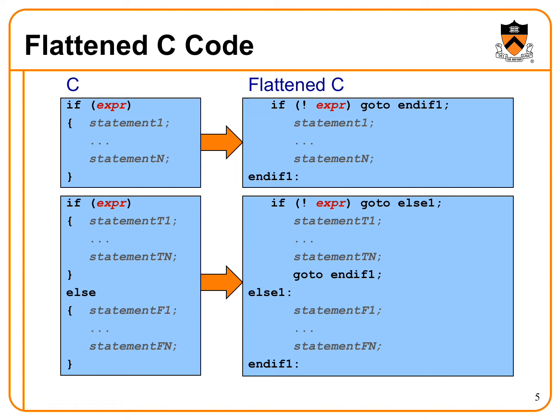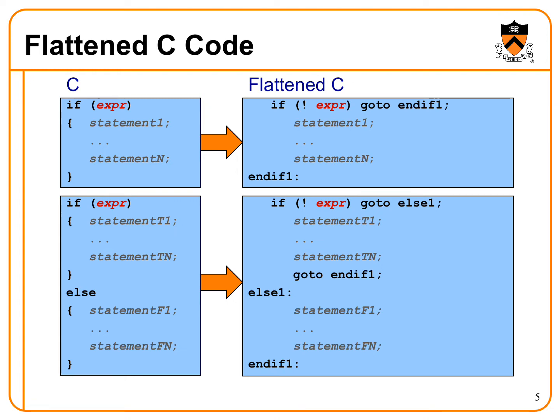If there's an else clause, we have all of that same structure, a negated expression, a negated comparison, and jumping over the consequent. But also we need to have in the consequent a jump over the alternative, because otherwise, when we finish off statement N, we would just proceed straight to statement Tn.